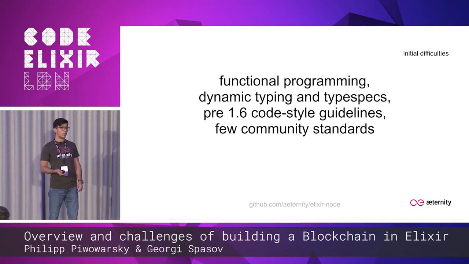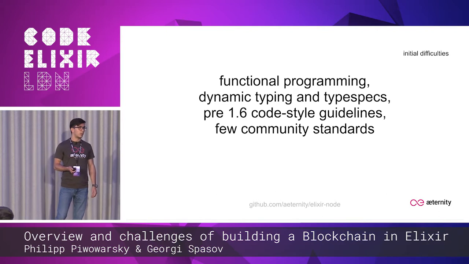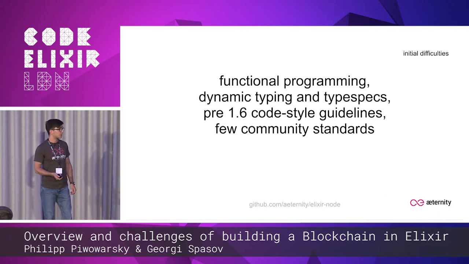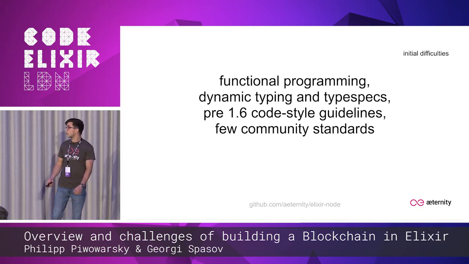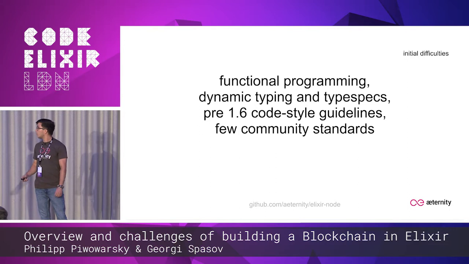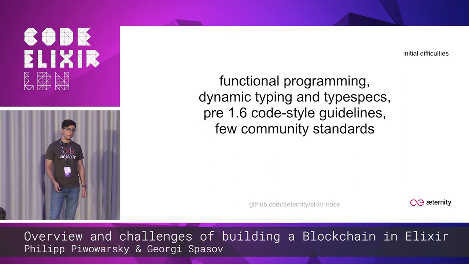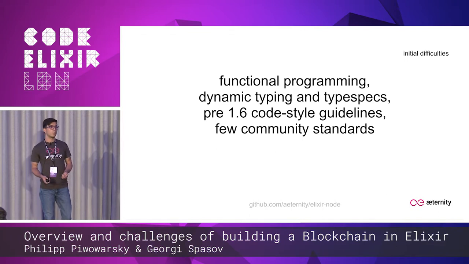Since we started in the last quarter of 2017, we started with an earlier Elixir, pre 1.6, where we didn't have formatting. There weren't many guidelines we had to follow, and coming from object-oriented programming, we were scattered, wondering what style we should continue on.